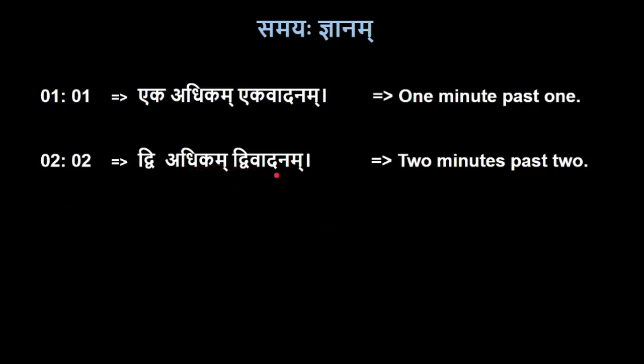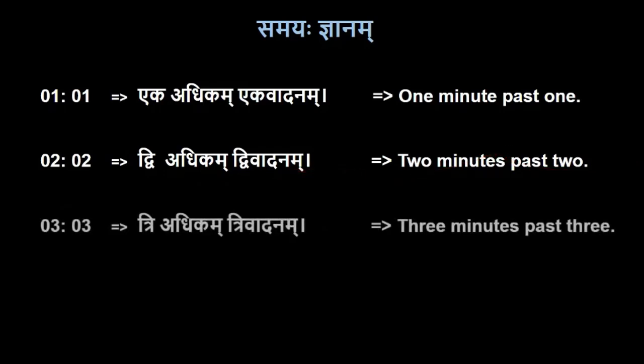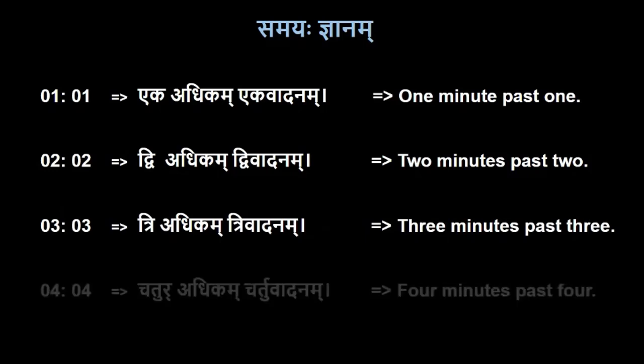So Dvi adhikam Dvi vadanam is 2 minutes past 2. Tri adhikam Tri vadanam. Adhikam, as we know, is past or more. And Tri vadanam is 3 o'clock. So 3 minutes past 3 is Tri adhikam Tri vadanam.